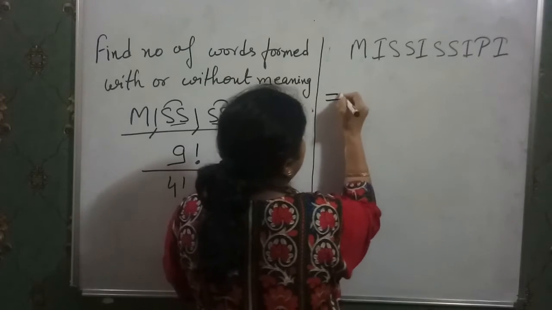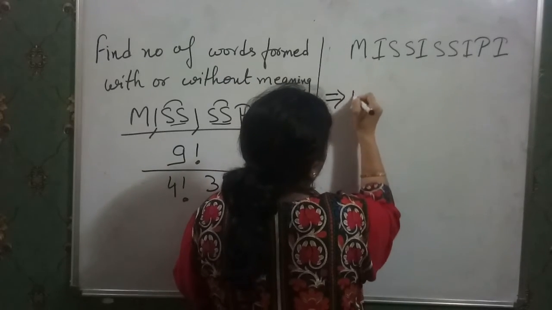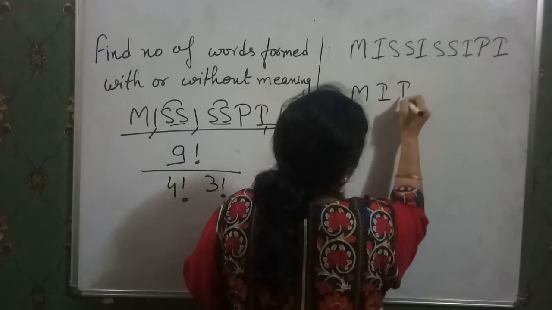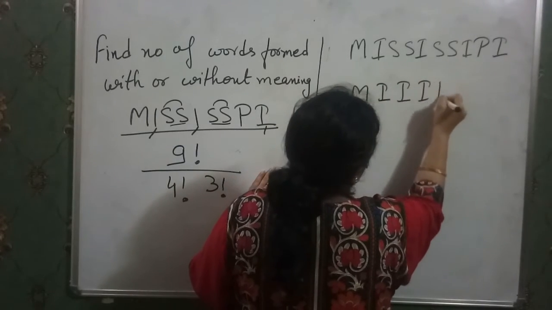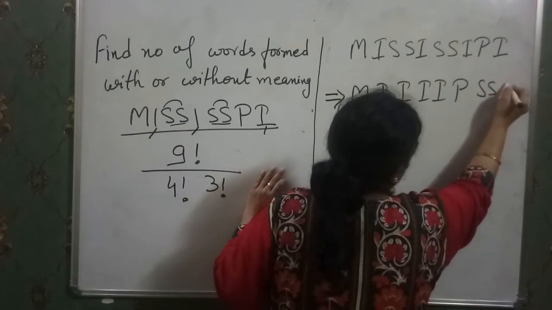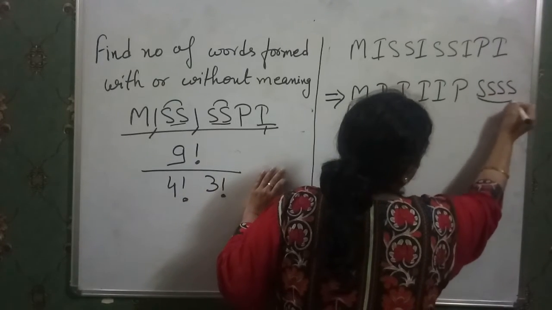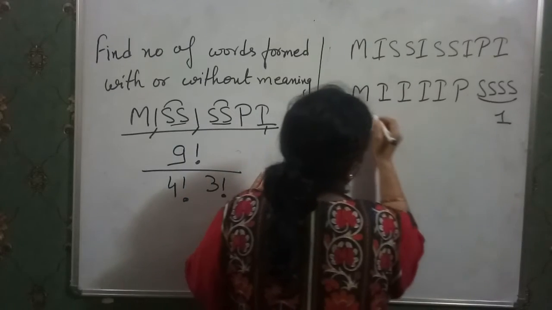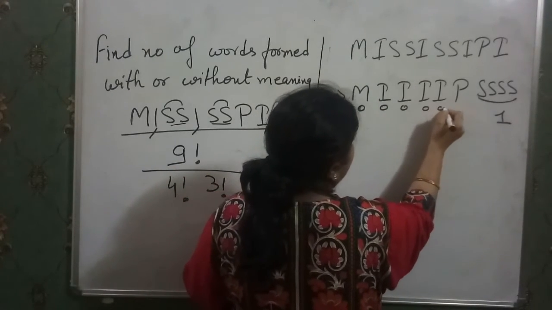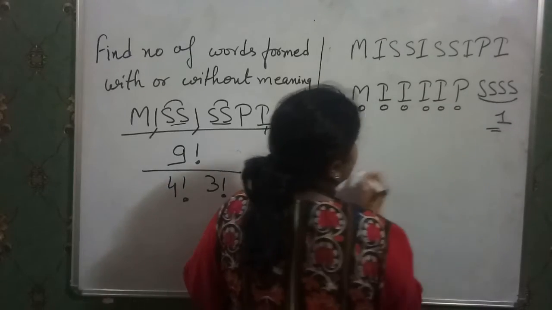Our answer is: we count M, then I, I, I, I, then P, P, and all 4 S together make one arrangement, so 1, 2, 3, 4, 5, 6 and 1, 7.